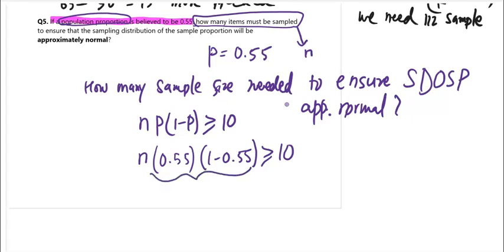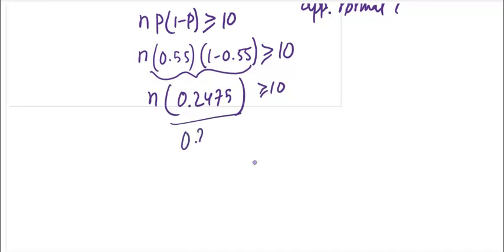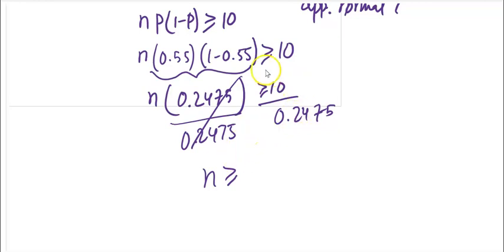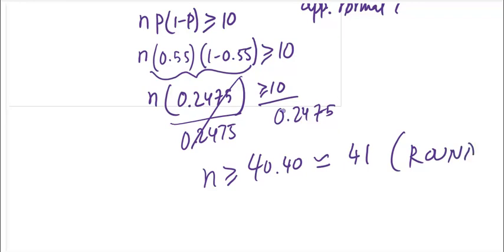In the calculator, 0.55 times 0.45 gives 0.2475, so 0.2475n is greater than or equal to 10. You divide by 0.2475, and if you divide 10 by this number you get 40.40, so this is 41. Again, round up.